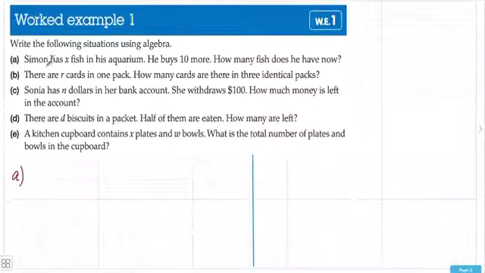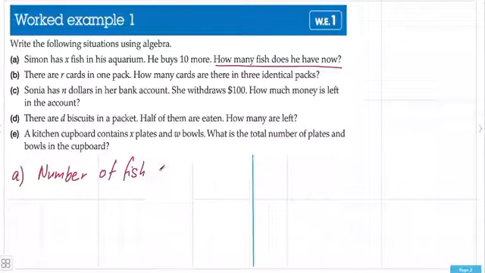So the first question says, Simon has X fish in his aquarium. He buys 10 more. How many fish does he have now? So the first thing I'm going to write is what we're going to find, which is the number of fish now equals, and what do we have? Originally he had X fish, and then he buys 10 more.